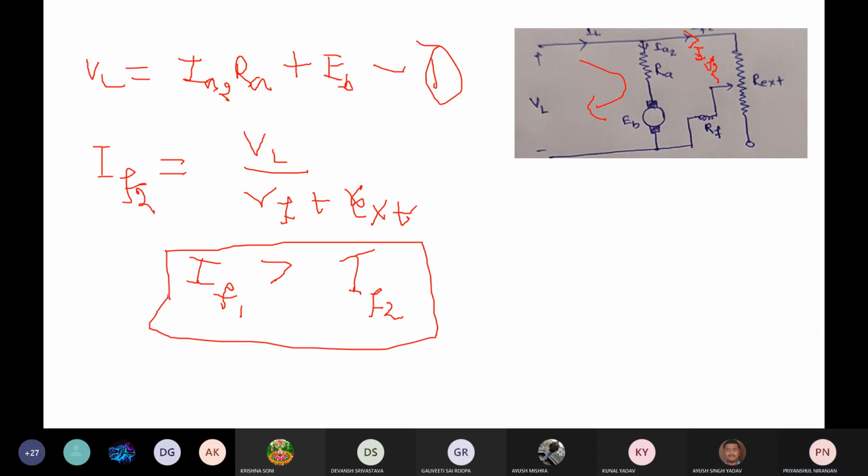Always? Or are there some conditions? Actually, IF1 is this one, VL upon RF. So is this condition always, or are there some conditions?